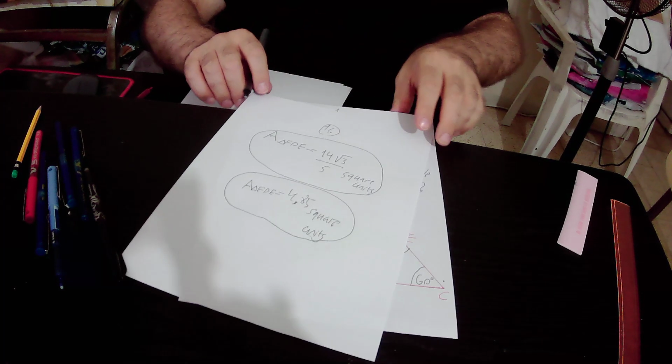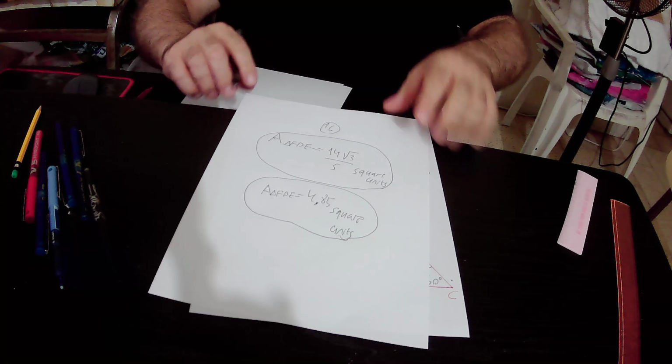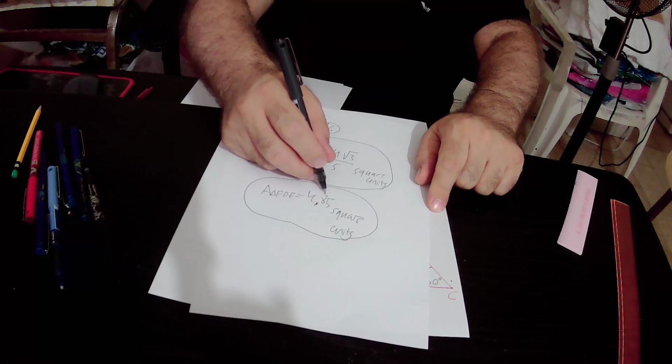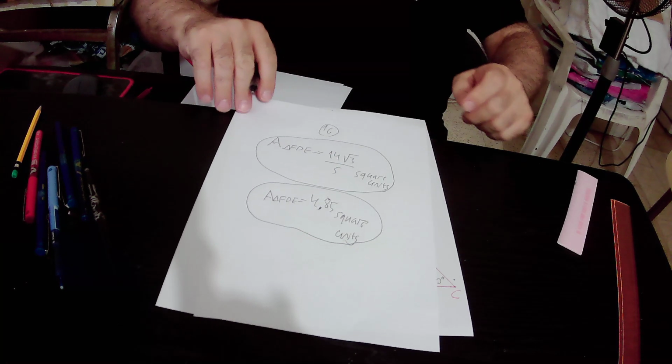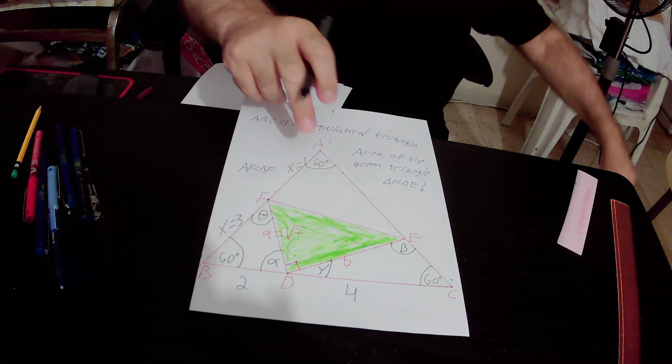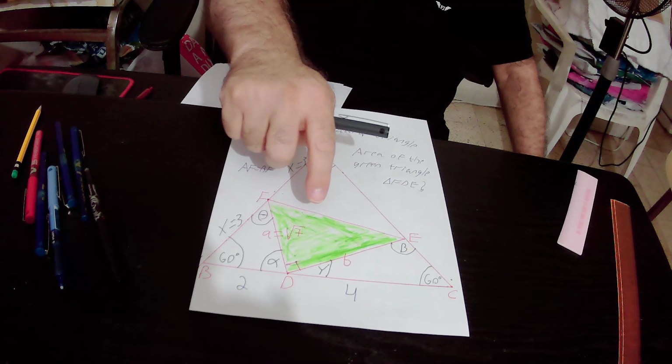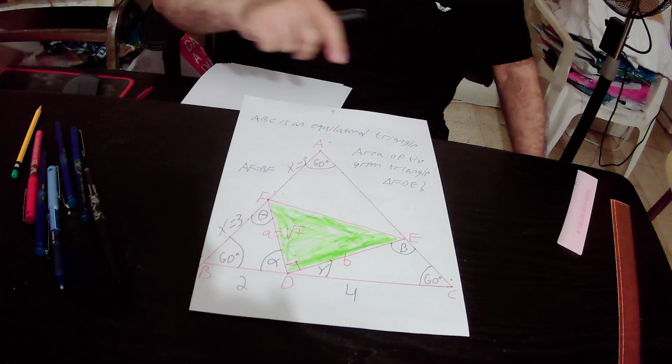Okay, the area of the green triangle FDE equals 4.85 square units. Again, the area of the green triangle FDE, this green triangle, equals 4.85 square units.